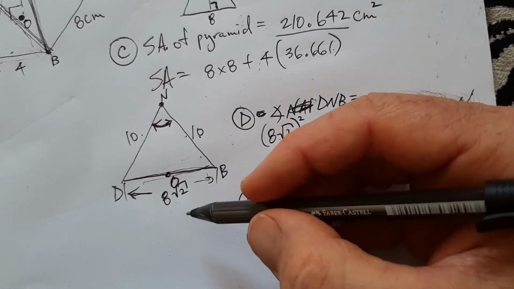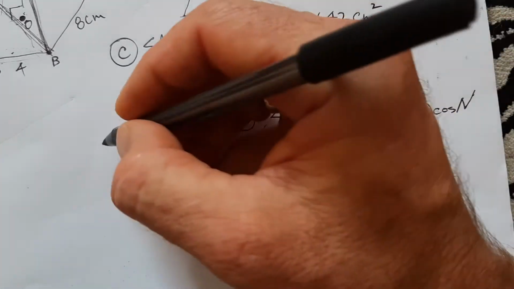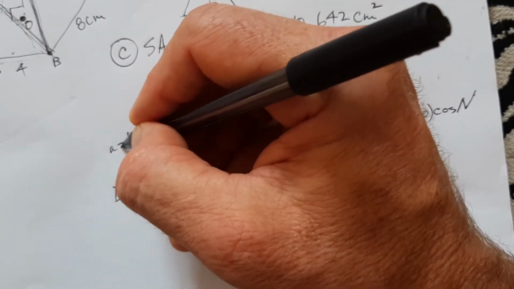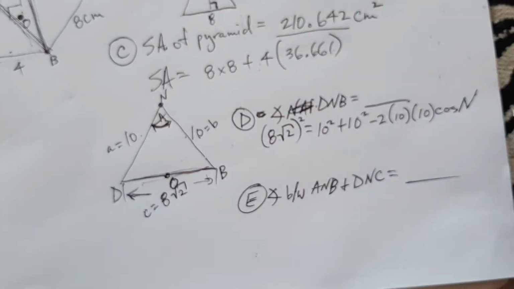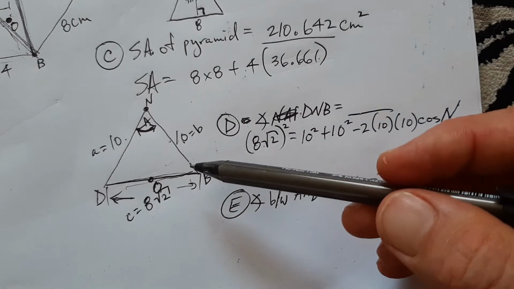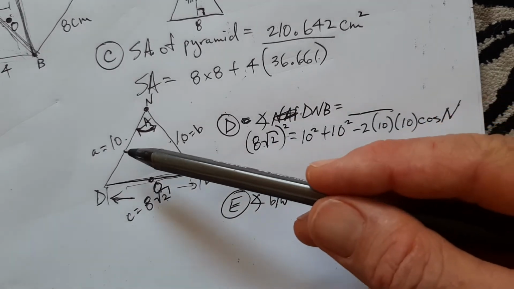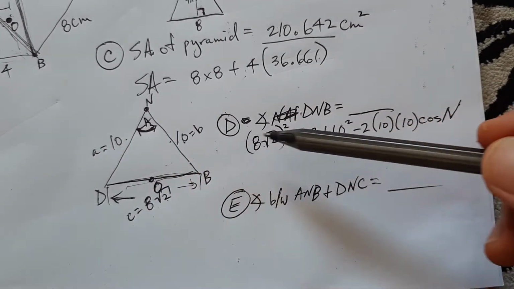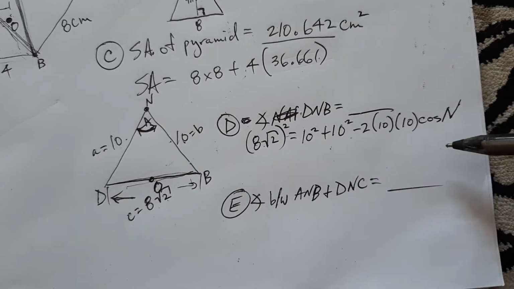If you wanted to line this all up, this would be side C, and here's your B, your A, and this is angle A. So opposite side squared equals these 2 sides added together minus 2 times AB times the cosine of that angle. And that's what I want to find.